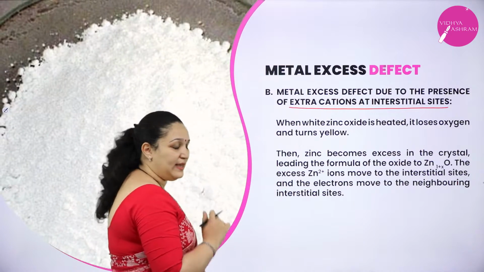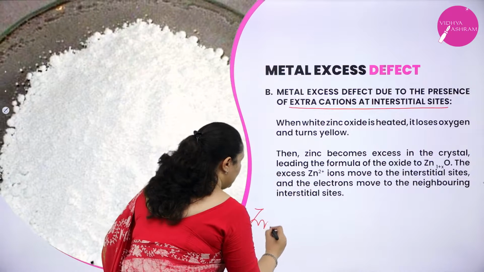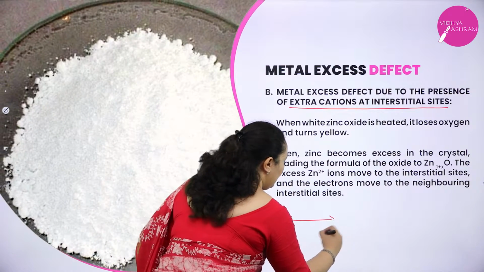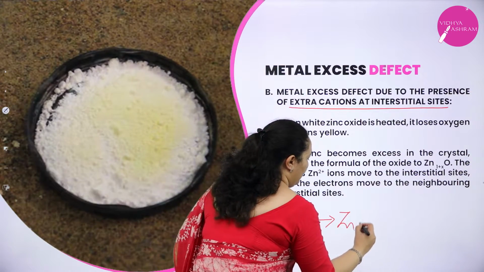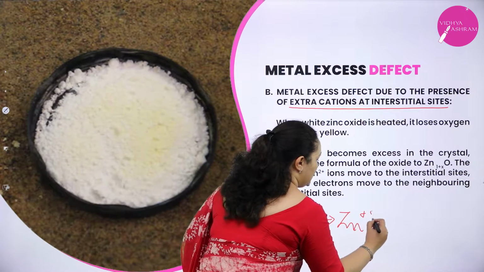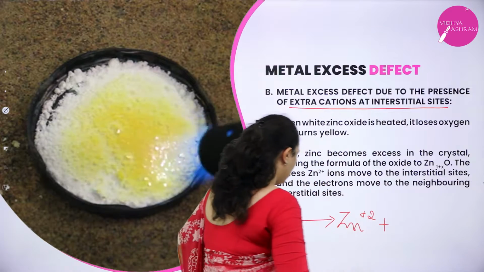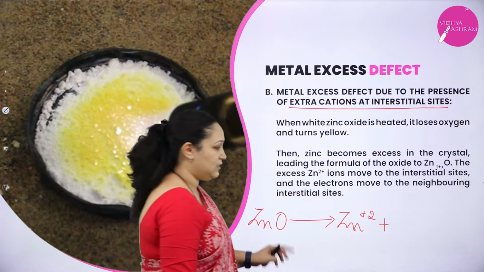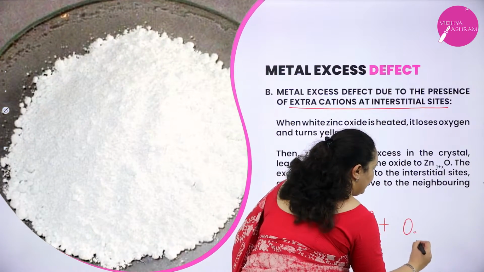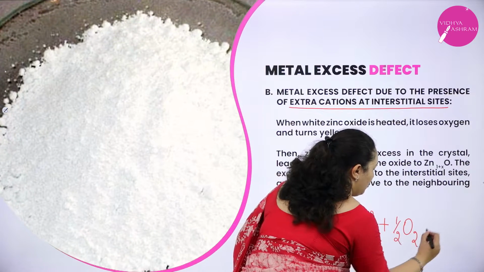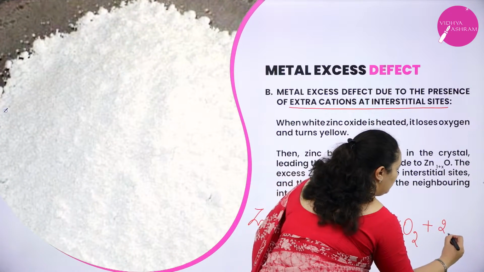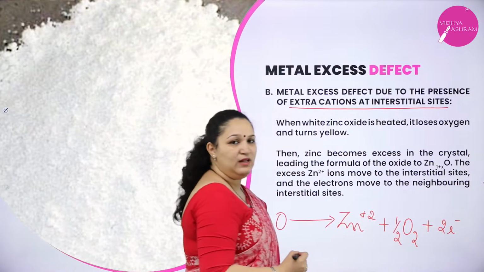So what happens when I heat zinc oxide is, Zn2+ ions will be there. The oxide, O2-, will get liberated as oxygen gas, and the 2 electrons of oxide will stay back.